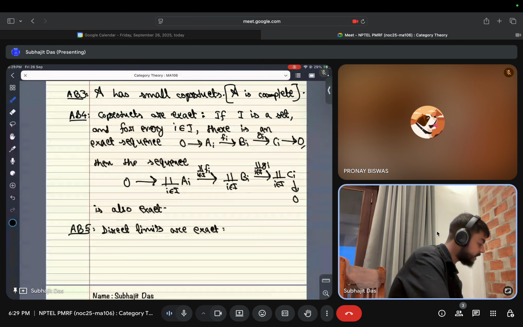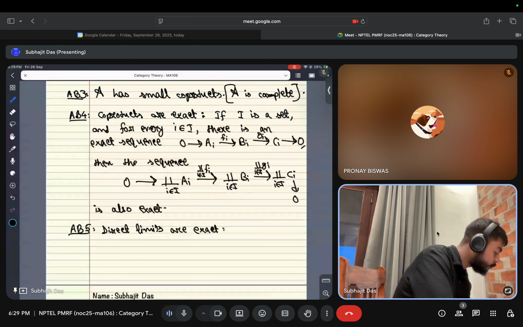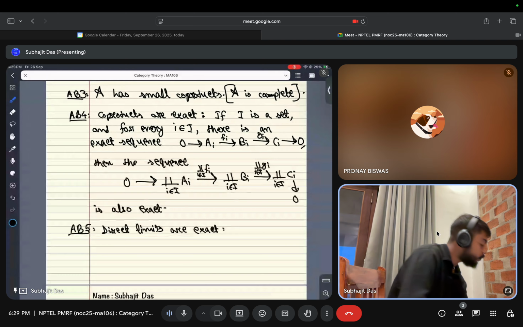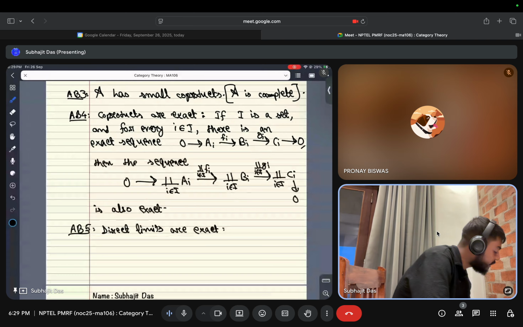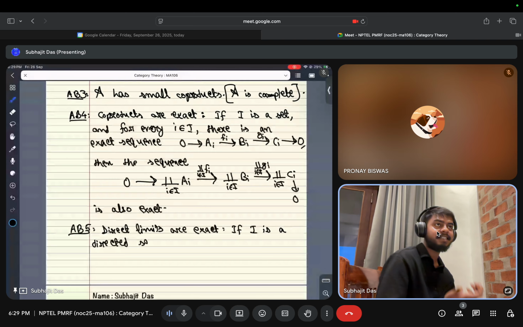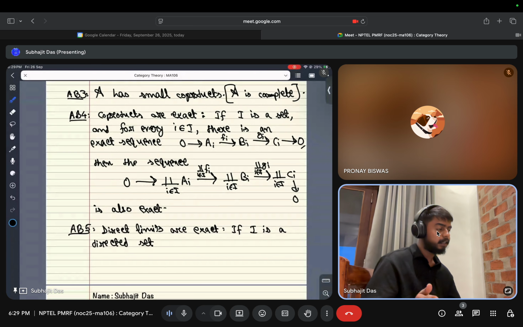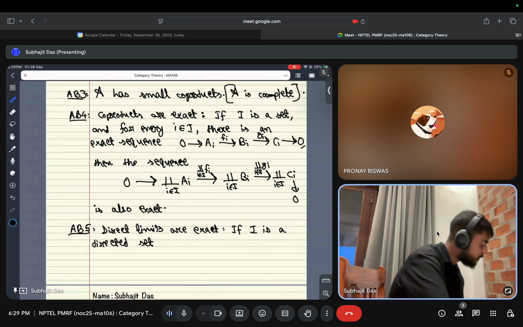So direct limits are exact, by which we mean that instead of having a discrete category which we had earlier, we now should have a directed set. If I is a directed set, we know what a directed set is. It's a poset in which every pair of elements has an upper bound.